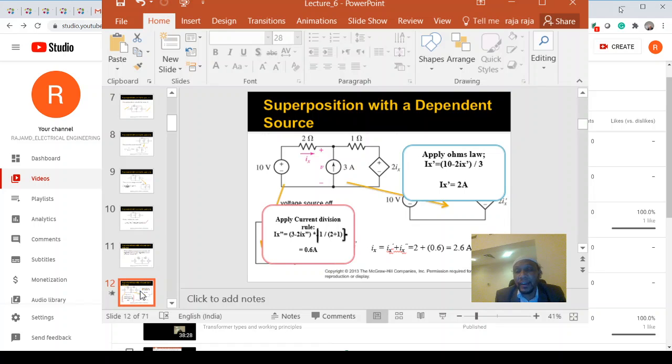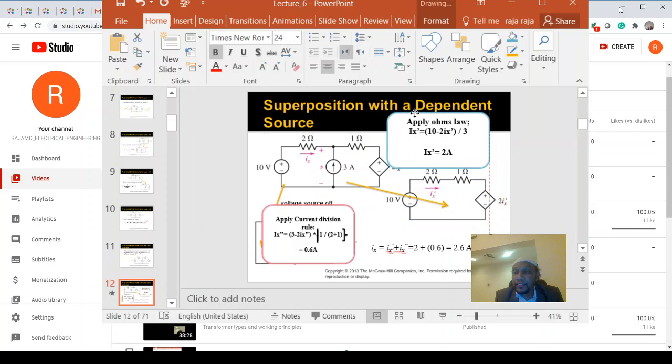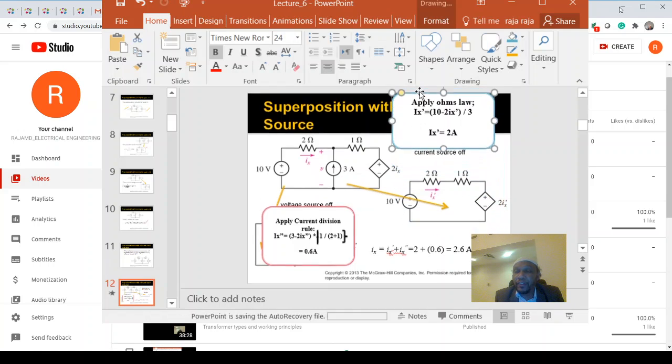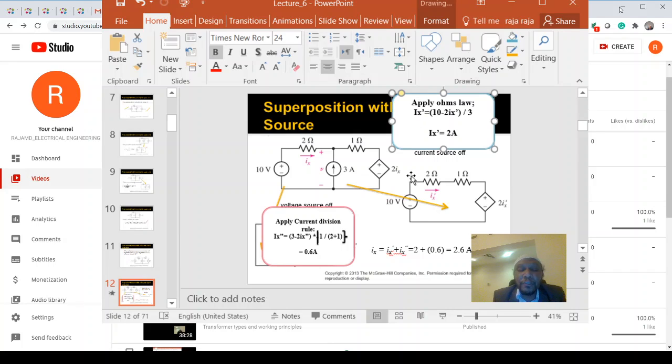So what is the other way we solve the problem? Now you can see here we have two cases. In the first one, as I said, I am not going to touch my dependent source. I keep the dependent source and just analyze the electric circuit with these two independent sources.